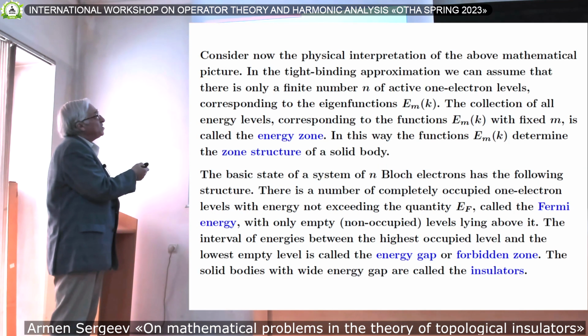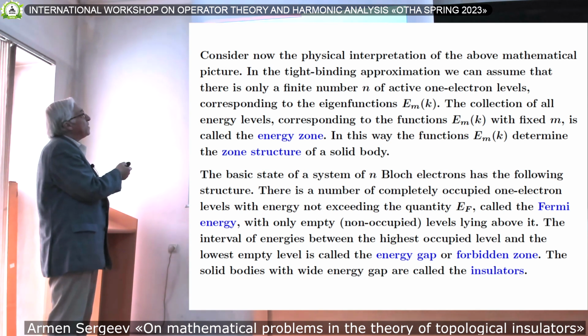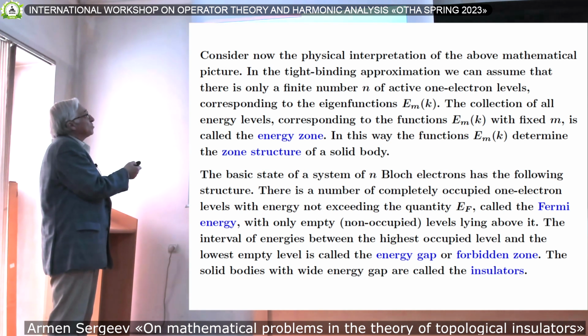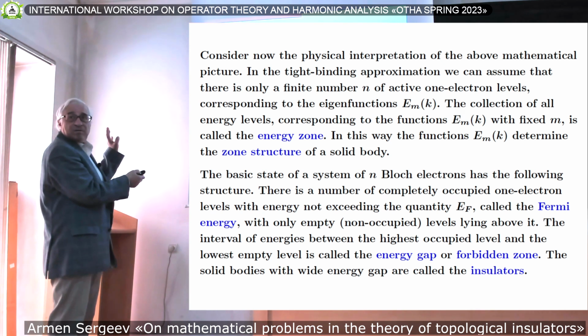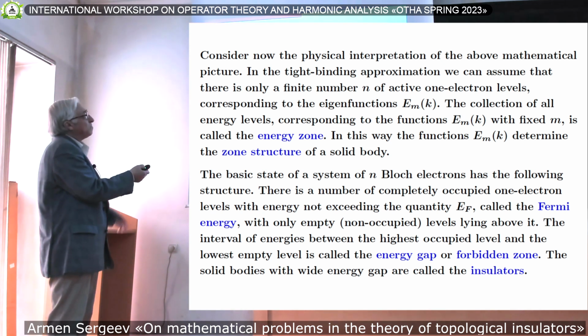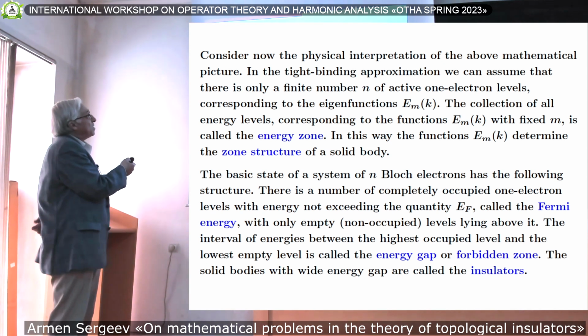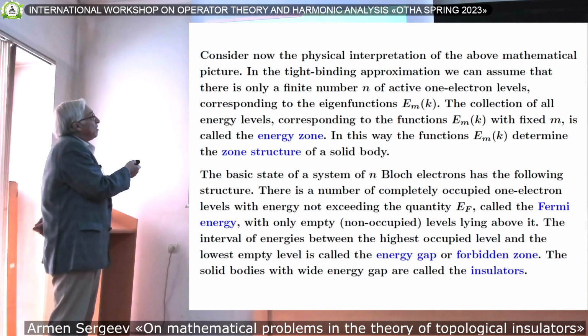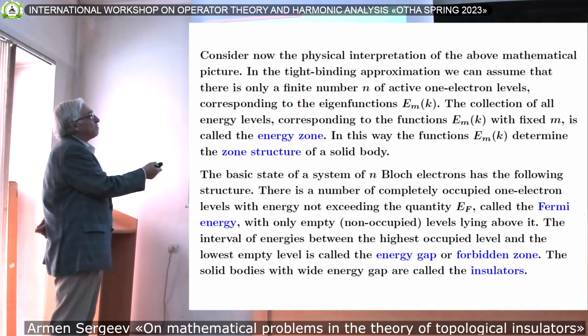Consider now the physical interpretation of this mathematical picture. I will assume the so-called tight-binding approximation. I will not explain what it means. But in such approximation, we can assume that there is only a finite number n of active one-electron levels, corresponding to the eigenfunctions φ_m(k).